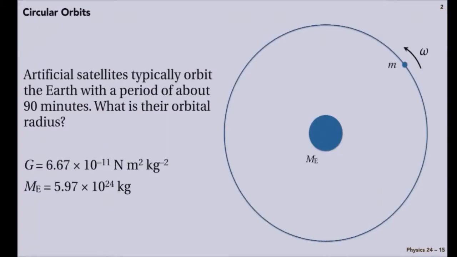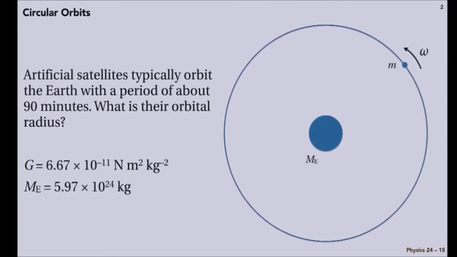Okay, now to start with, we've already talked about circular orbits. And we could figure out what the conditions are for a perfect circular orbit, let's say, around the Earth. As you know, we have a whole bunch of artificial satellites up there, and their typical orbital period is about 90 minutes.